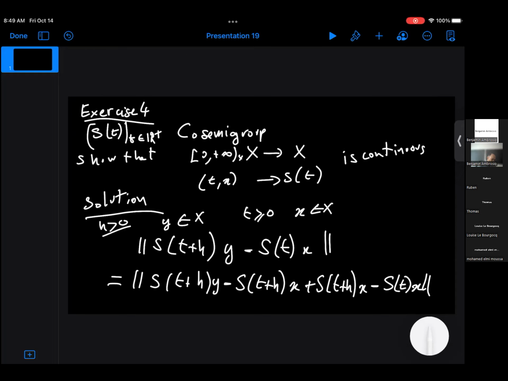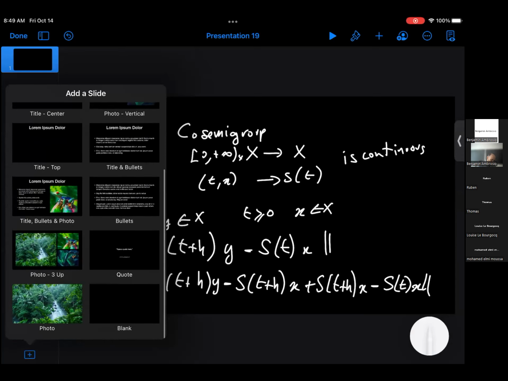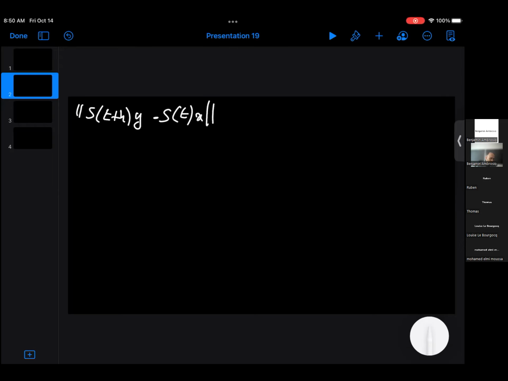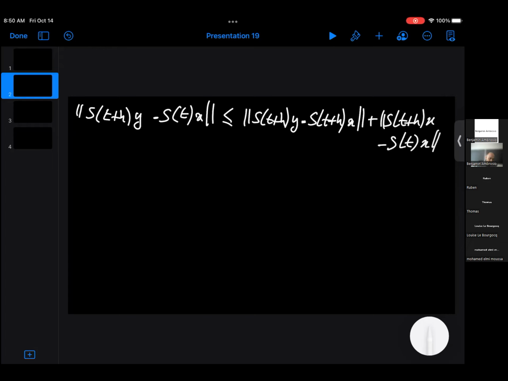So I have that the norm of S(T plus H)Y minus S(T)X is less than the norm of S(T plus H)Y minus S(T plus H)X plus the norm of S(T plus H)X minus S(T)X. All right, so next, this is good.